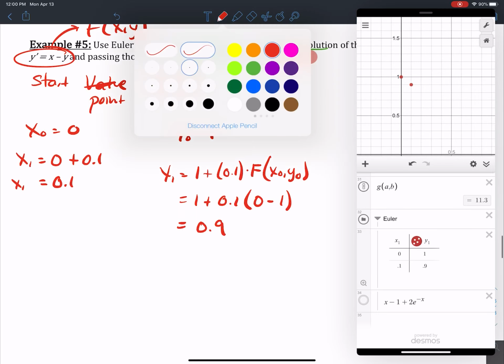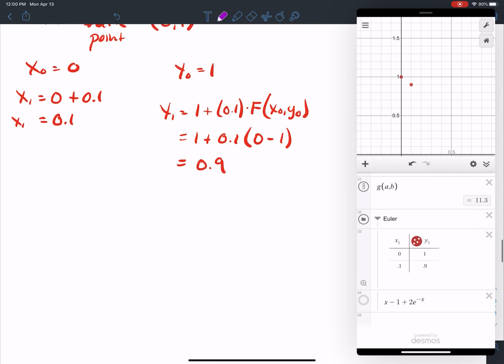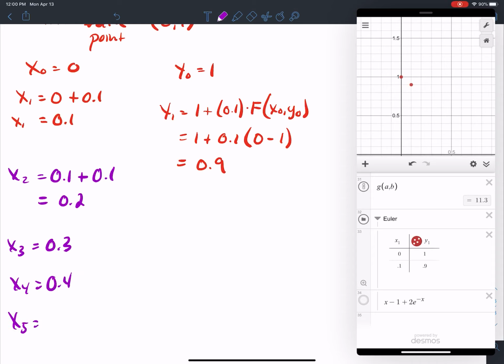So we'd keep doing that. We're just going to plot as many points as we can, right? So our new x value, again, fairly easy. We take the old x value and we add the h value. And we can see here how that would just kind of extend forward if I just kept doing that over and over again. So let's get the new y value.